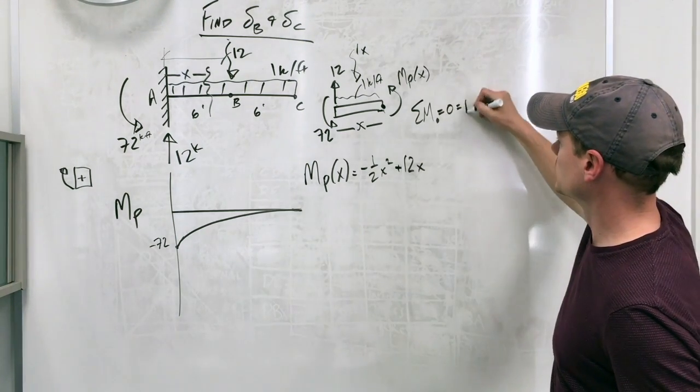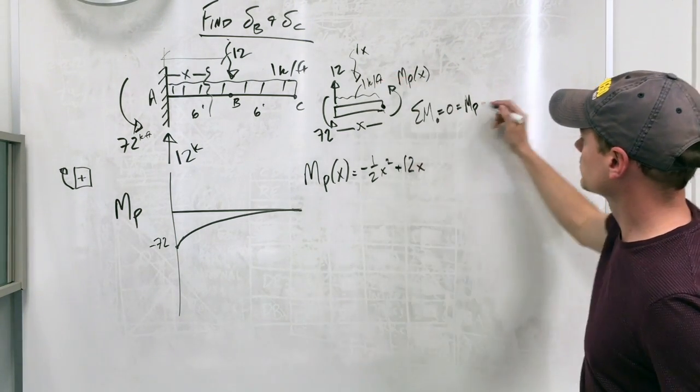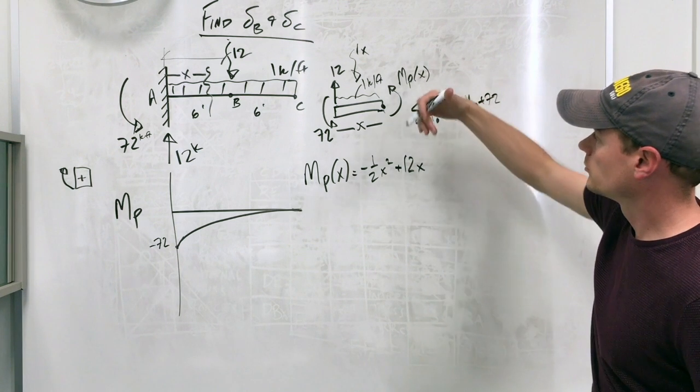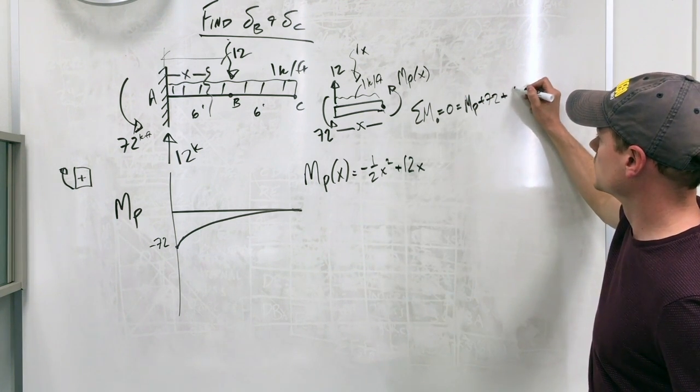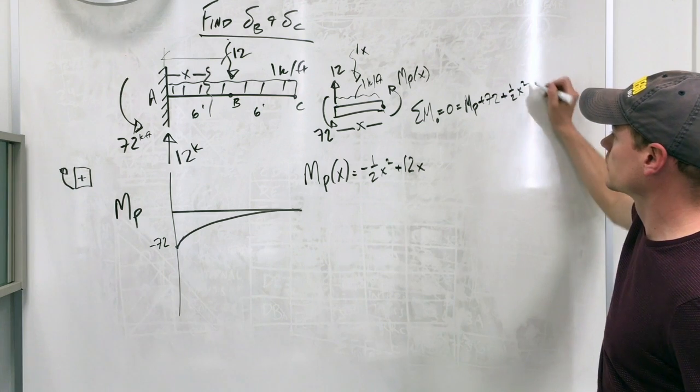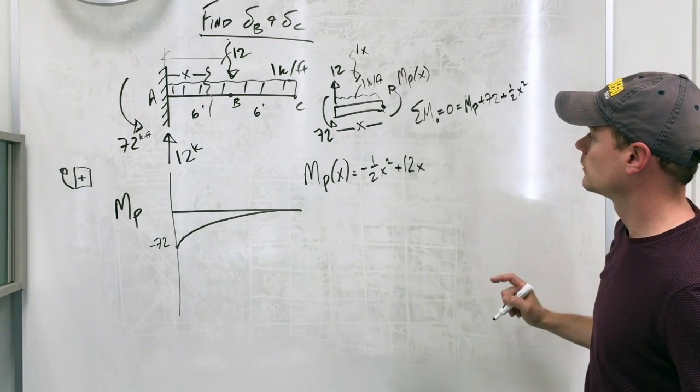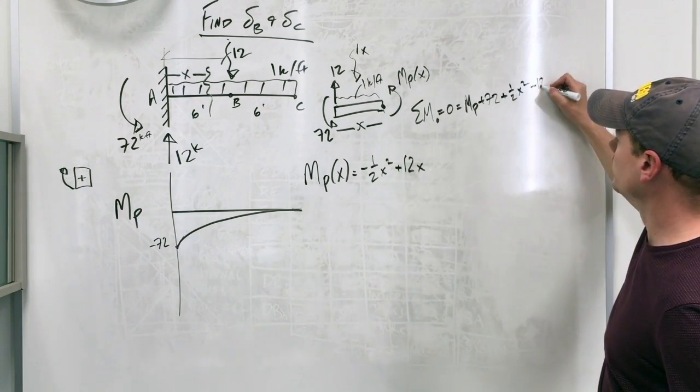I get plus MP, plus 72, plus the 1 times x over 2, so that's where this comes from. Then minus 12x, because I have the 12. So I get plus MP, plus 72, plus one-half x squared, that's from the loading part, and then minus 12 times x.